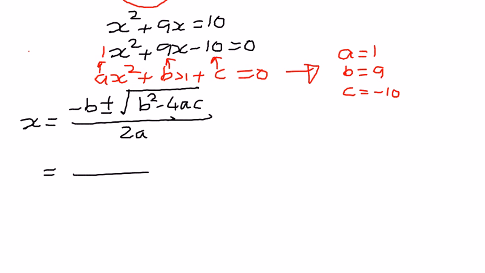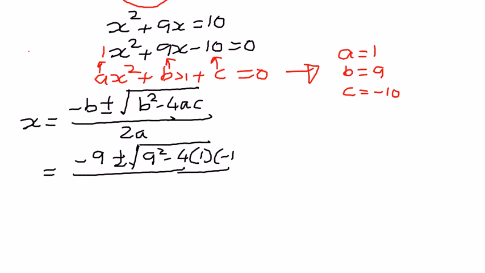So let's do that. Minus 9 plus or minus the square root of b squared, 9 squared, minus 4 times a is 1 and c is negative 10, this whole thing divided by 2a, 2 times 1.